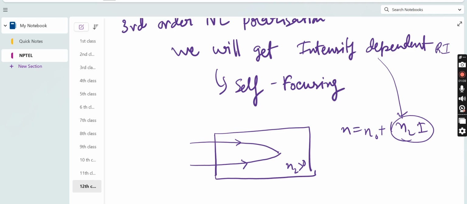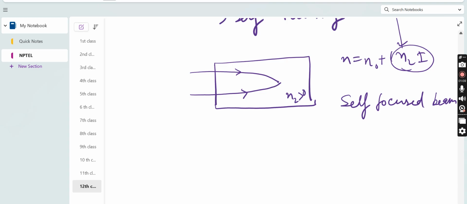The rays bend like this, curve together to one point, and this is called a self-focused beam. And this phenomenon is very useful in the optics domain.